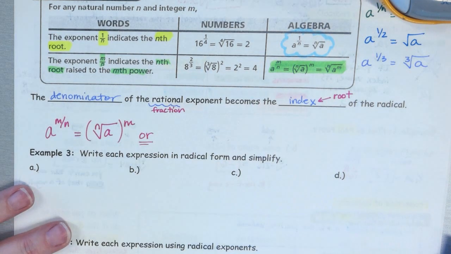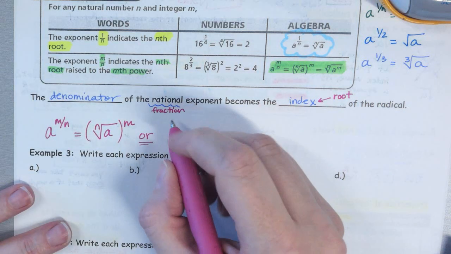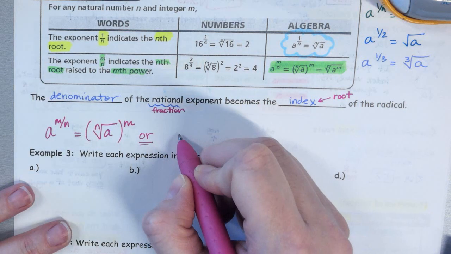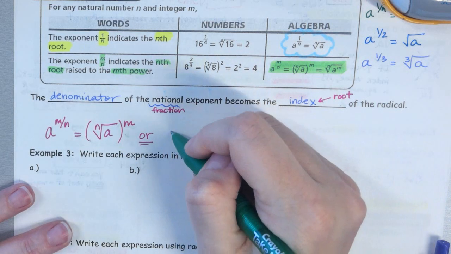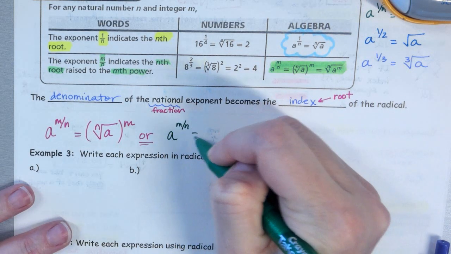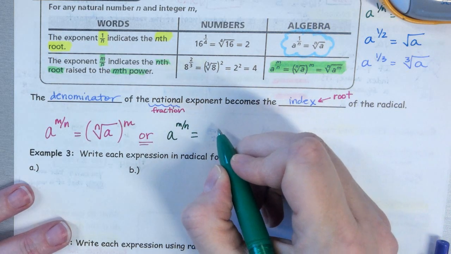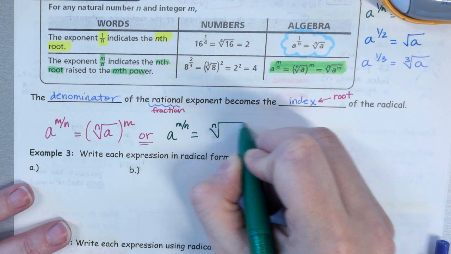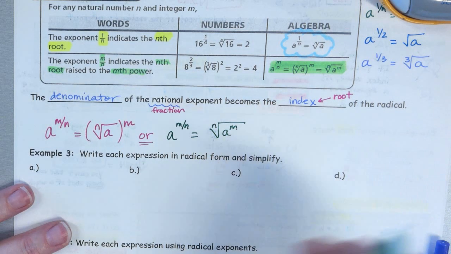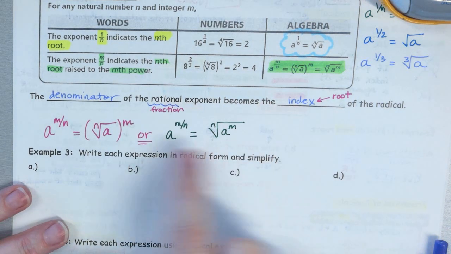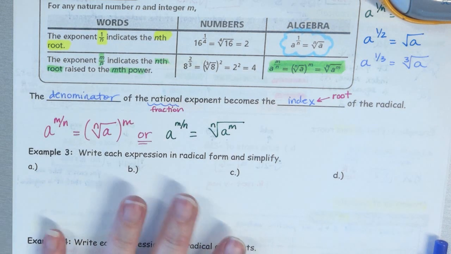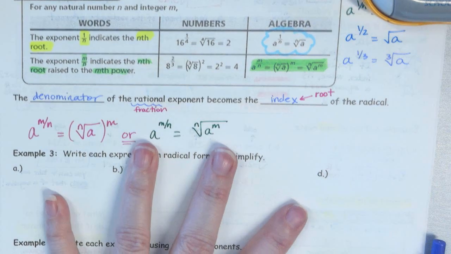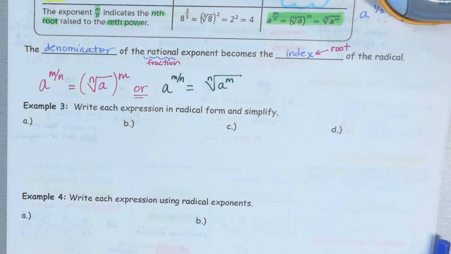Or you could also write this as a to the m over n equals the nth root of a to the m. So the only difference is where you're putting the m. It can go outside the radical or it could go inside. And we'll talk different strategies for which situation is right.